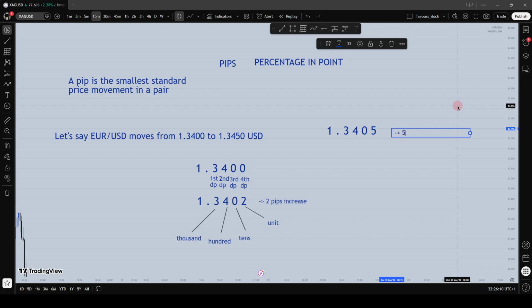Second scenario: if price changes from 1.3400 to 1.345, how many pips increase is it? So it's a 45 pips increase.